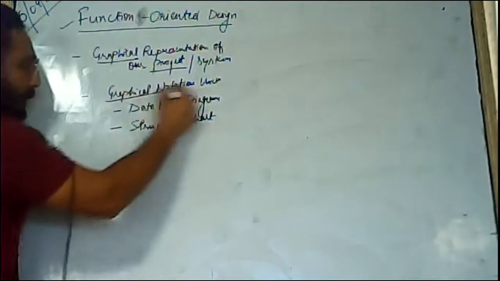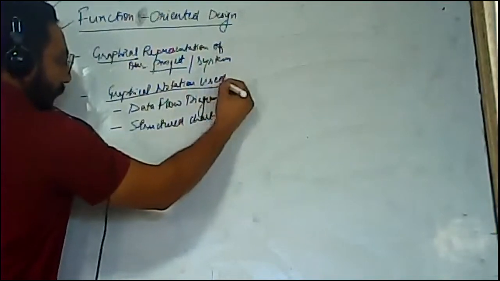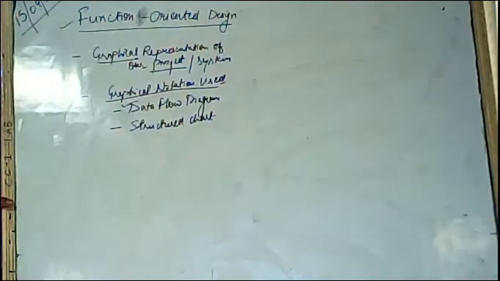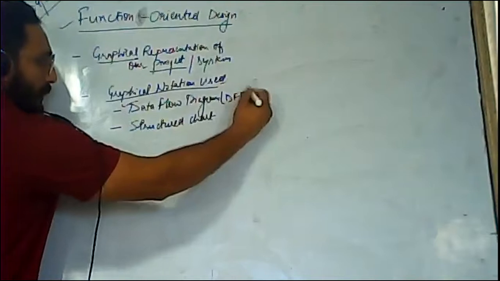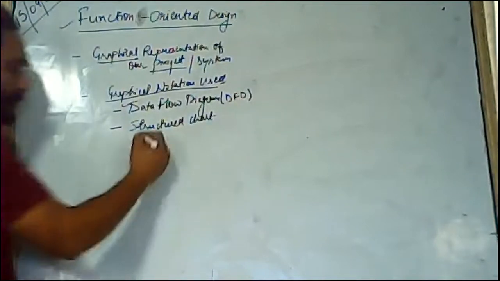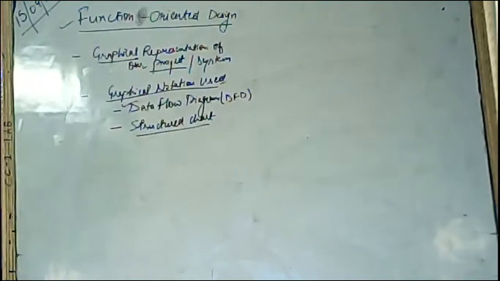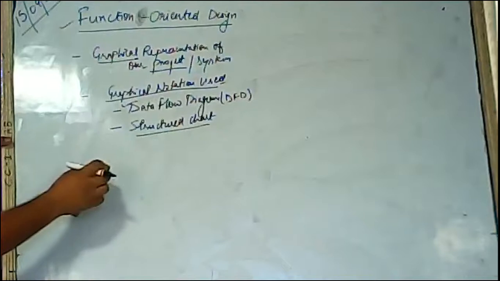Further, there are graphical notations used in function-oriented design, and those are the data flow diagram, whose short form is DFD, and the structure chart. In this concept, first we will study what DFDs are and how we will draw these diagrams.